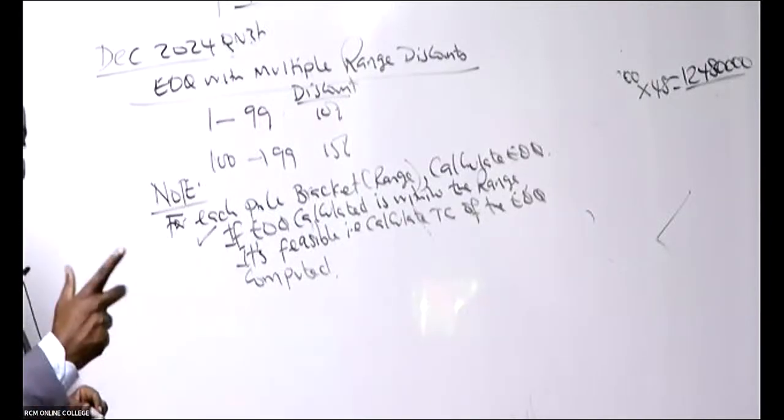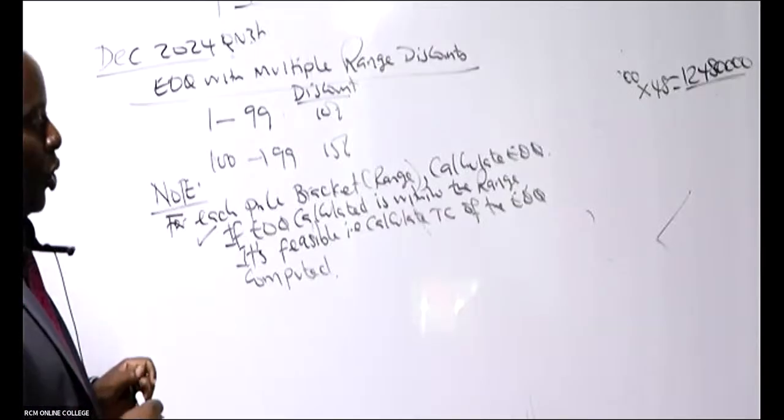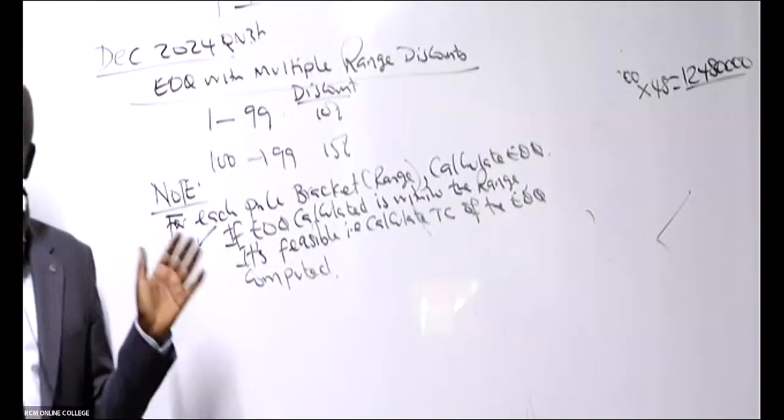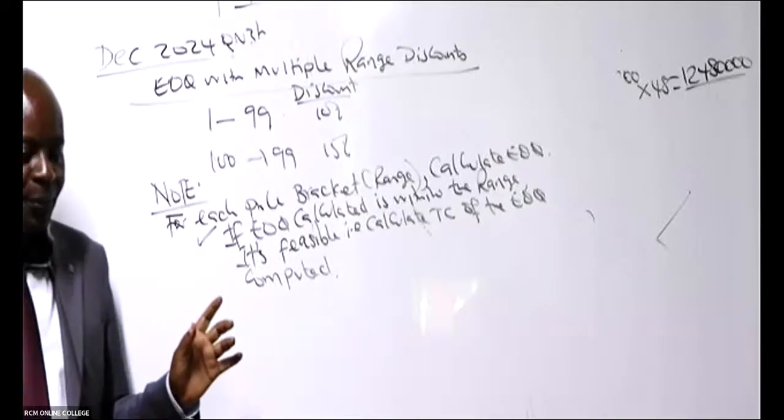That is, calculate the total cost of the EOQ computed. Feasible means good, practical. Calculate the total cost of the EOQ computed. That is number one.